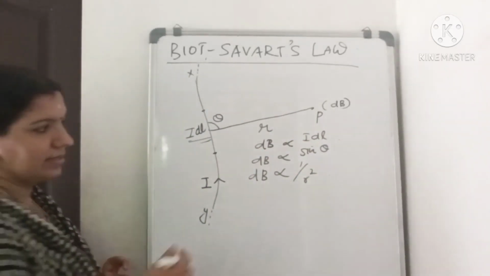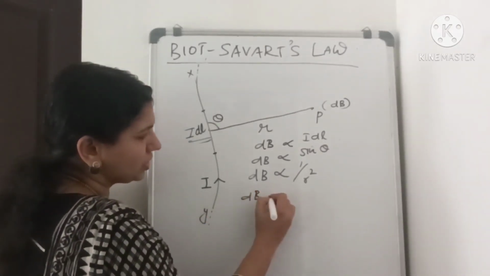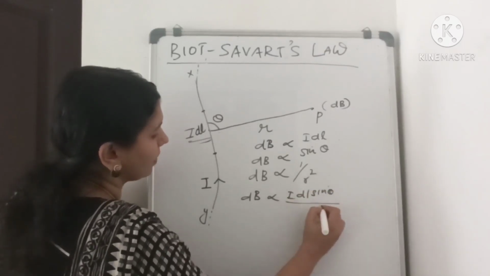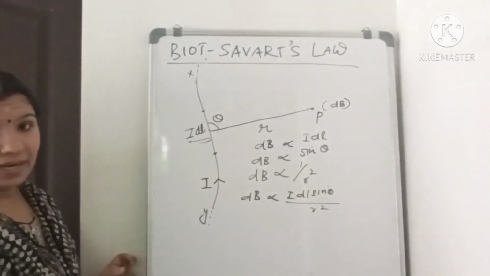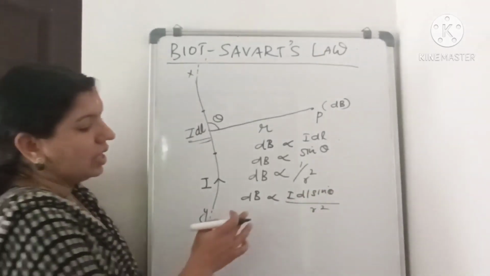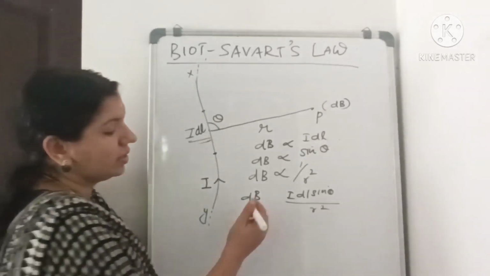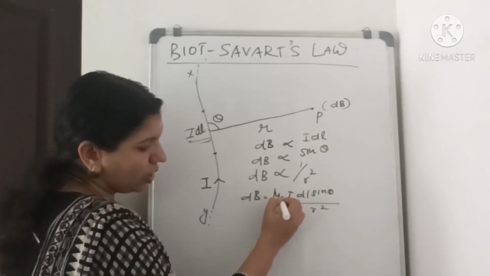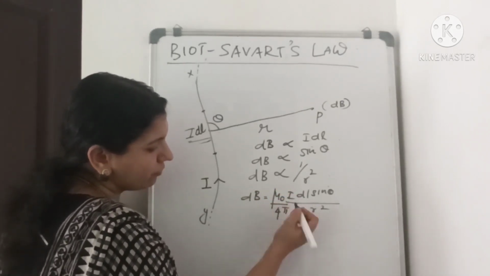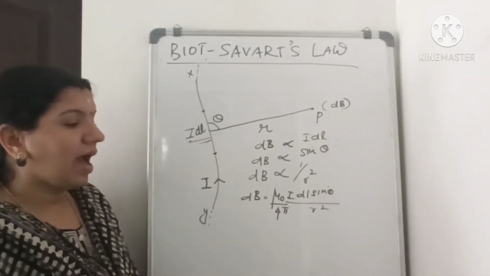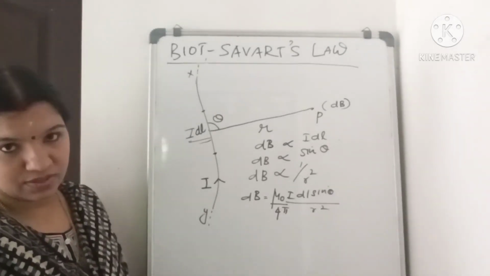Mathematically, how can I write? dB is proportional to I dl sine theta by r square. This proportionality sign can be changed by adding a constant, and that constant is mu 0 by 4 pi. So dB is equal to mu 0 by 4 pi I dl sine theta by r square.